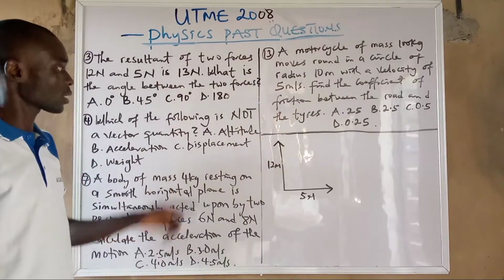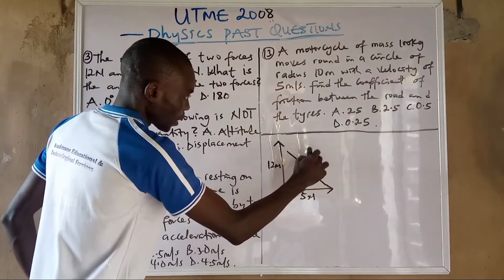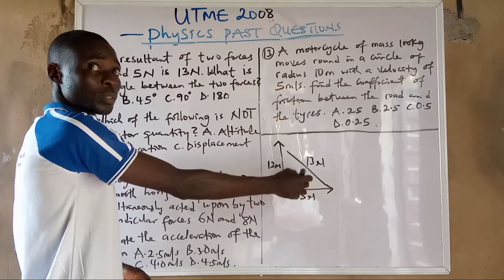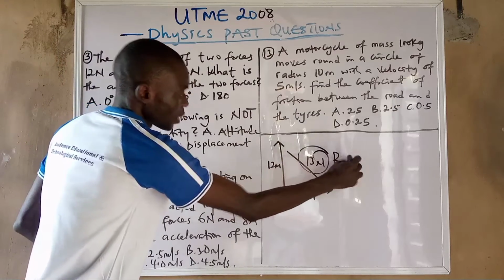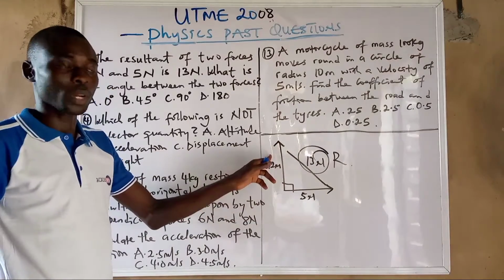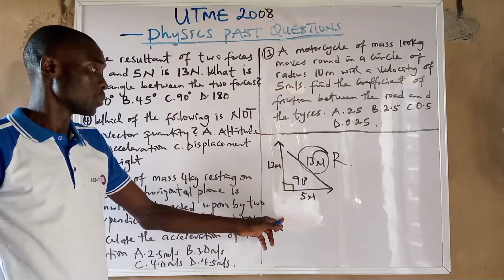For the resultant of the forces to be 13 Newton, the two forces must be perpendicular, that is, an angle of 90 degrees joins them.